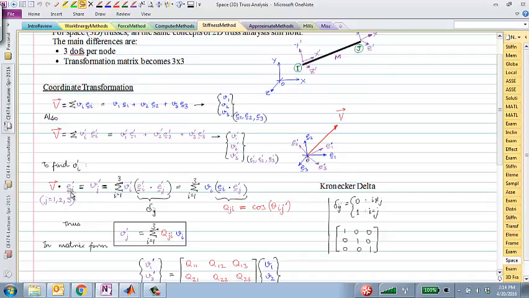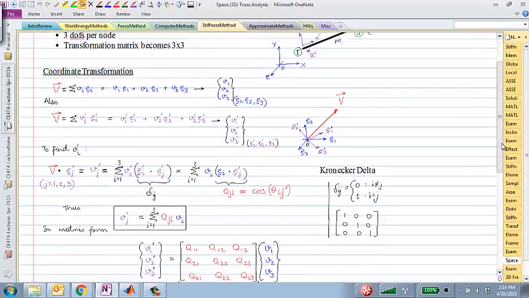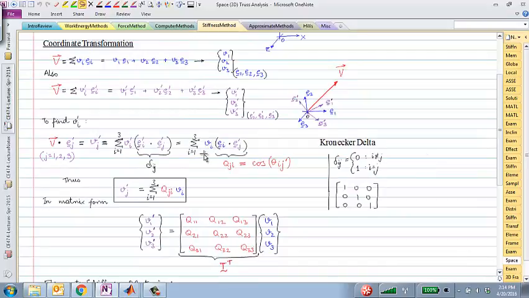So if I take the dot product of that V with one of those unit vectors, and I also take the dot product of these guys with E1 prime, I would get something that looks like this. Maybe I'll write that out here.